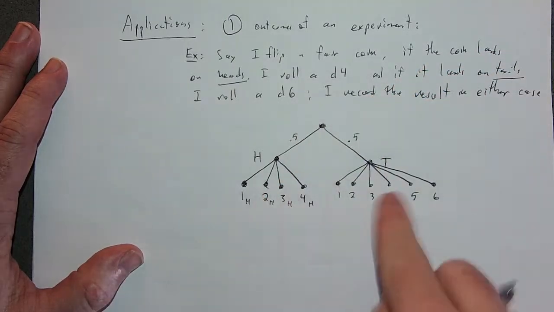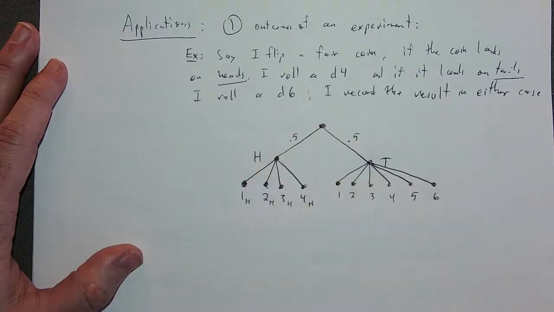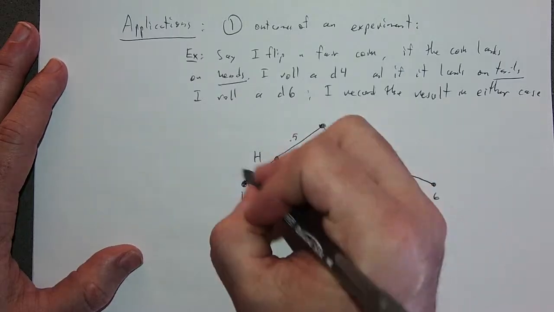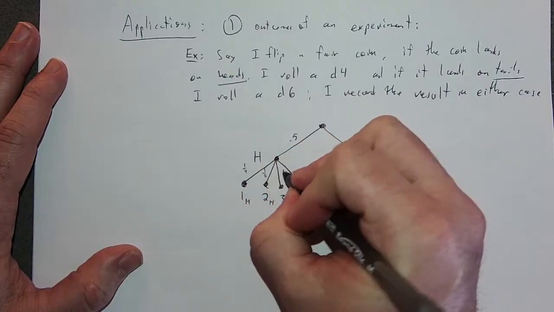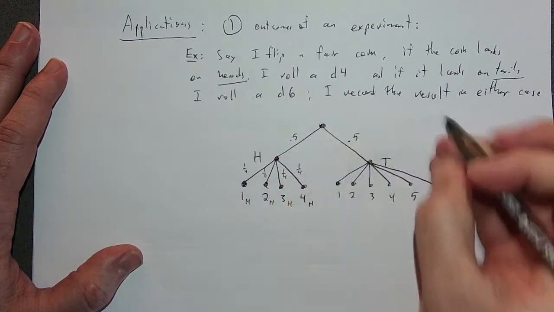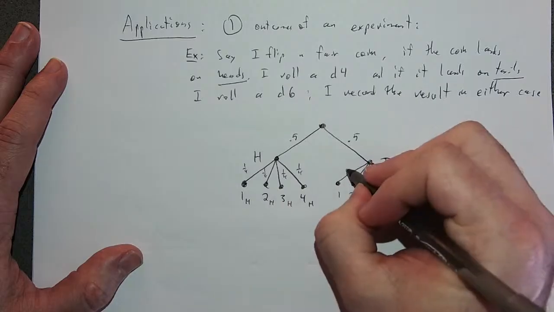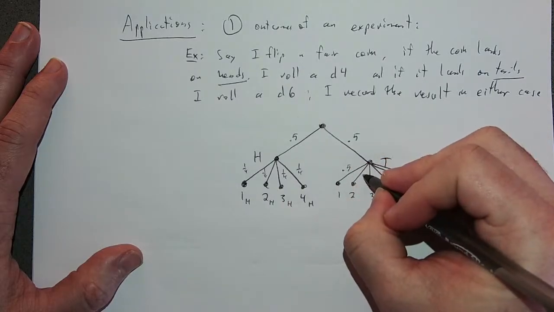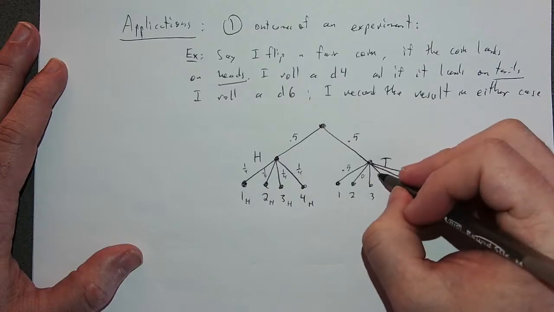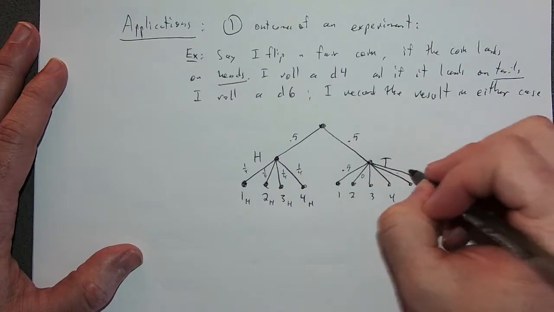Maybe the die that I'm rolling is fair, or maybe it's weighted. So maybe this one's fair, but this one's not. So there's like a 50% chance to roll a 1, as it can never land on 2. There's all sorts of things I could do here. But what am I doing here?